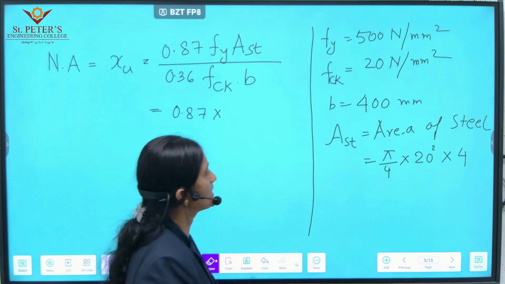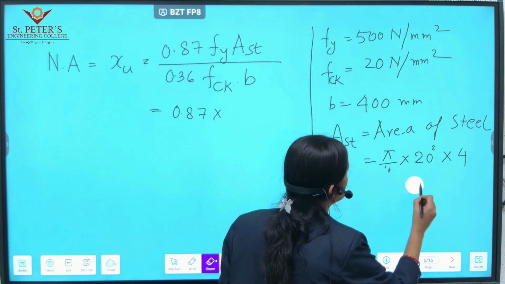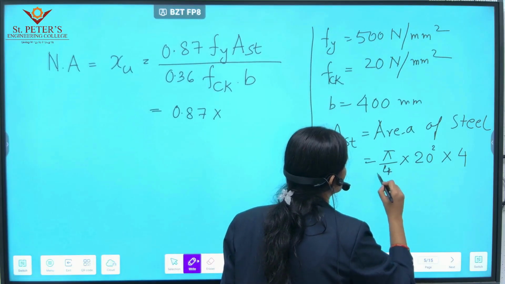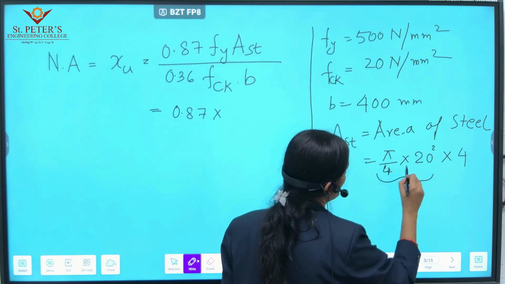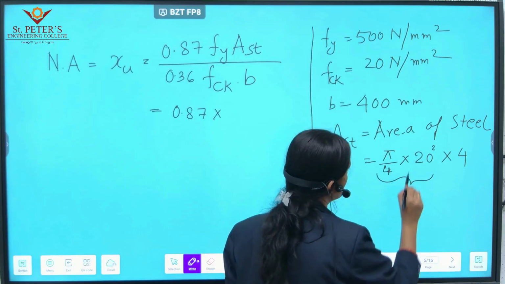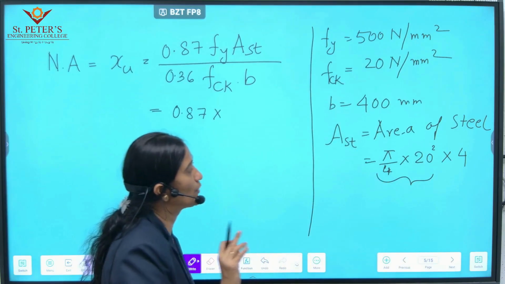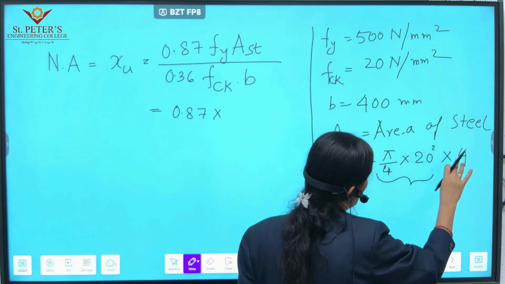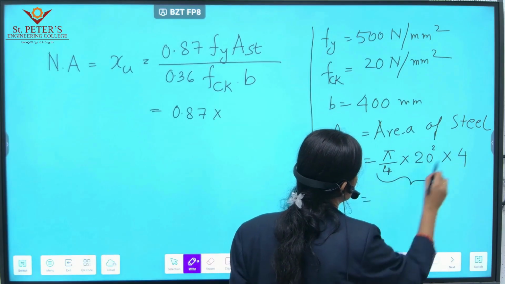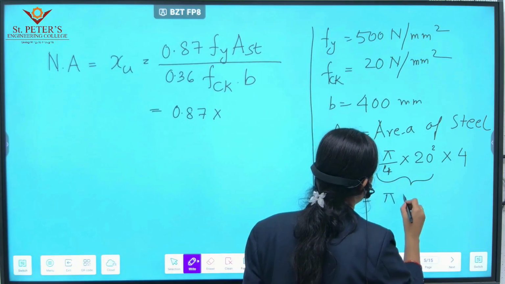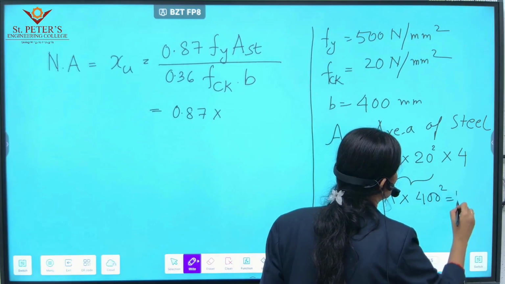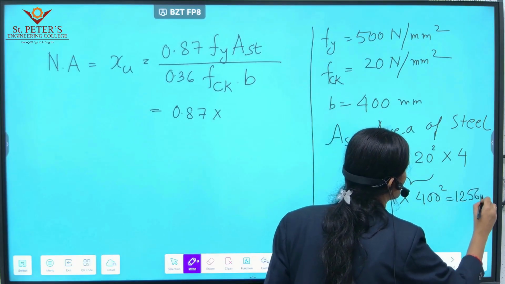Pi by 4 into 20 square is the area of the circle, into the number of bars, 4. If we cancel the 4, it is pi into 400, which gives 1256 mm square.